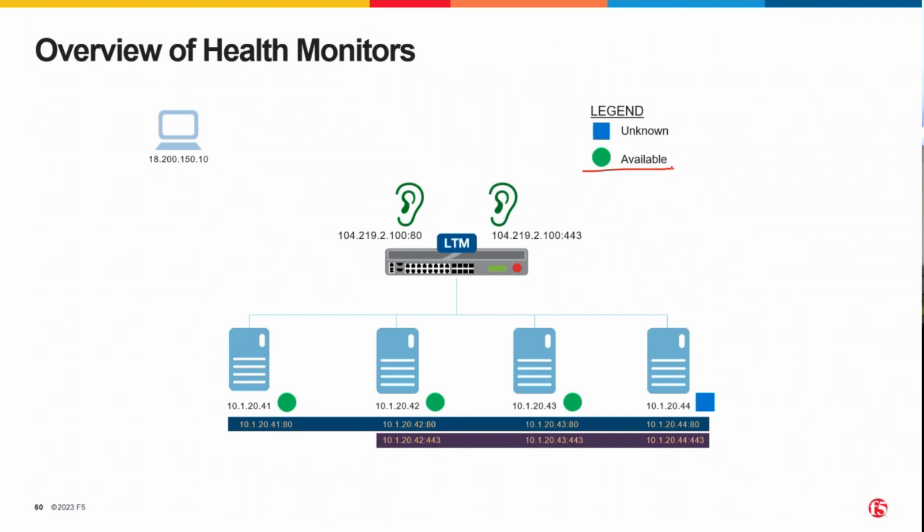The green means that everything works fine, depending on the correctness of the configuration of your health check. If you have a very complicated health check, which analyzes your application in detail, then you can be sure that everything is fine. But unfortunately, if you use health checks from low layers like ICMP or TCP, that's not clear information for you as an administrator that everything is fine.